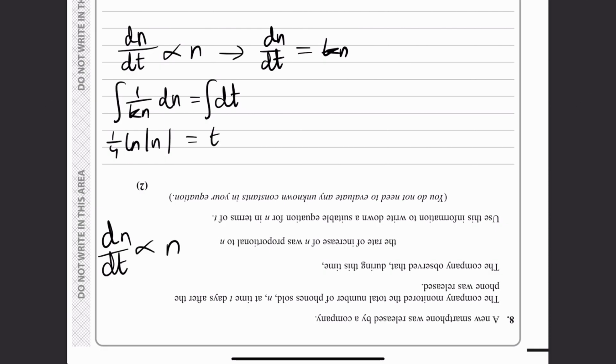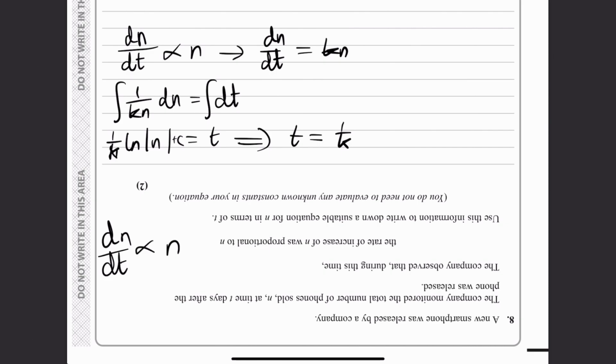Okay, but you gotta add the c. I'm just gonna add it on this side. So you got t is equal to 1 over k times, but if you think about it, 1 over k is just another k.